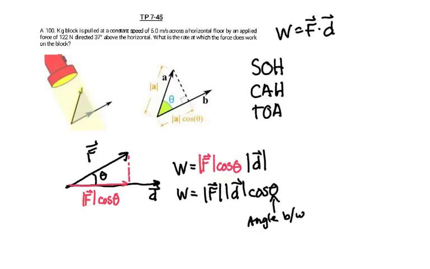Okay, so as we move on. We now understand where our equation came from, and we understand why we are using the dot product. Let's continue on with the next step, which is looking at the rate at which our constant force is doing work.